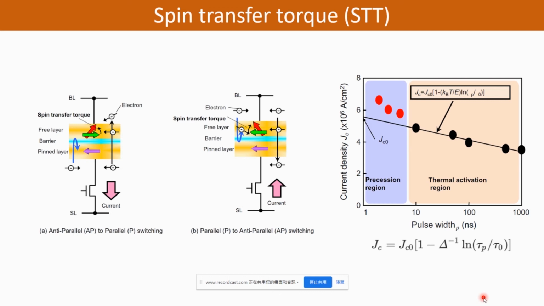By fitting the experimental current density versus the natural log of pulse duration using this equation, we can obtain the picture down like this. And the region here we call the thermal fluctuation region, where the thermal fluctuation of the magnetization in the free layer assists STT magnetization switching.